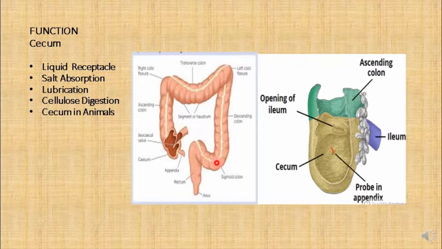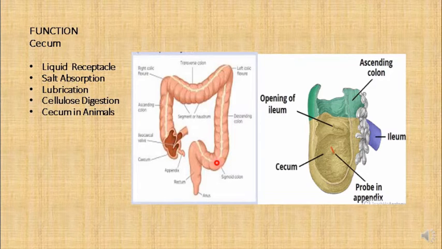But the cecum will be absent in carnivorous animals like tigers, wolves, leopards, lions, or the size of the cecum will be very small, as there is no cellulose present, since they don't eat plants.